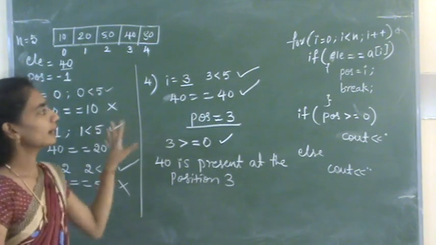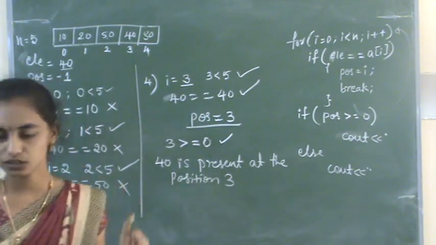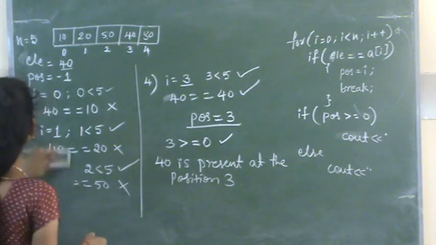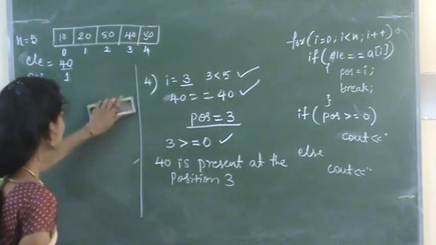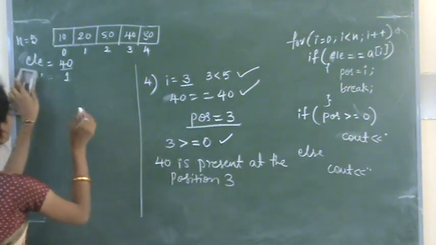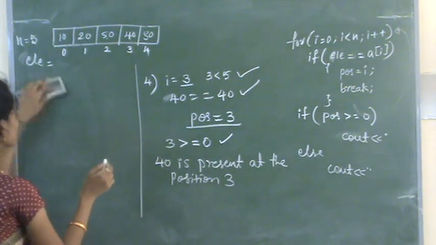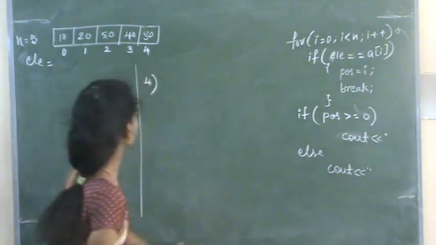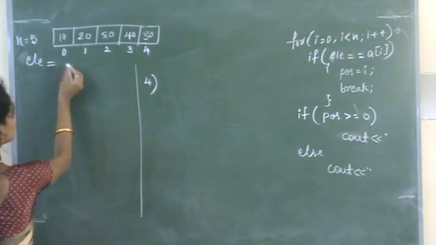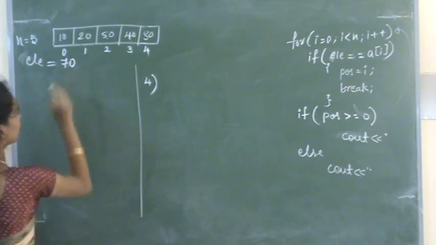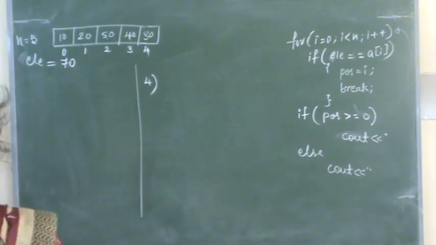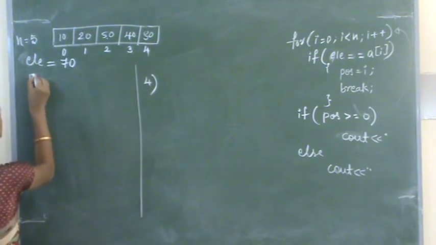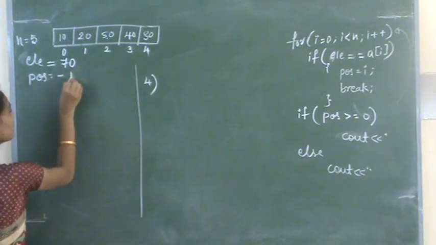So this is linear search. So take the same example, just change the search element. I am changing the search element here. Suppose consider the search element as 70. Okay. So now the same condition will be applied. So first position equals minus 1.